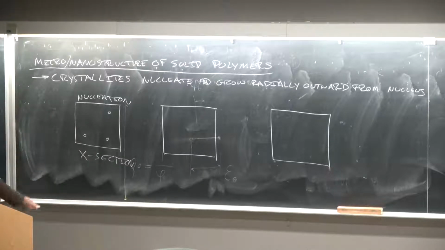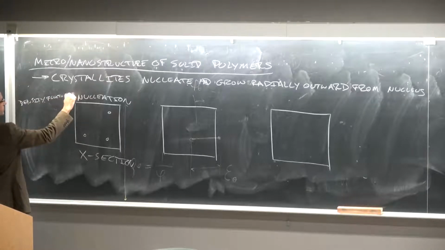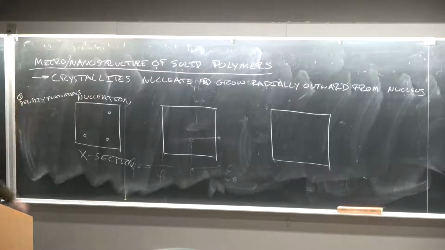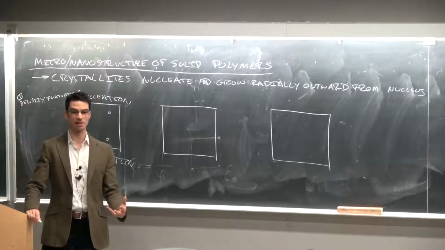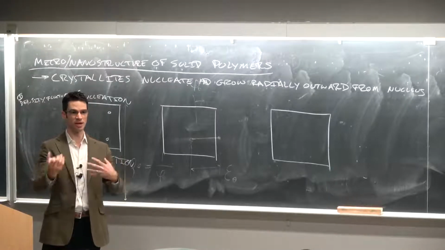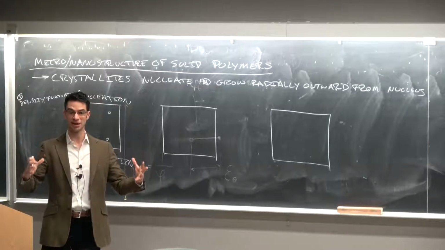And these nuclei could be formed from density fluctuations. Which is, in any system that has some finite amount of thermal energy, you're going to have the chains moving around, and in some cases they'll lock into place at a relatively high density in the right position, and they'll form a crystallite, a nucleus of a crystallite, and it will grow outward from there.